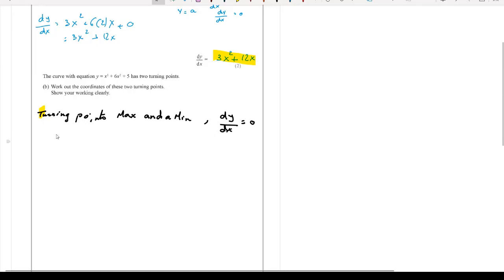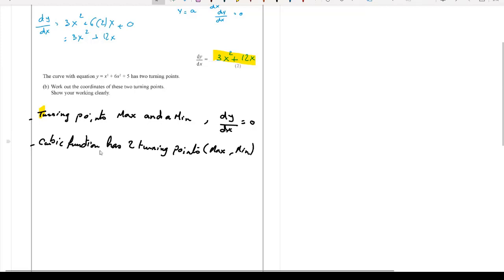Now, we also have to remember that this is a cubic function. A cubic function has two turning points, a maximum and a minimum.